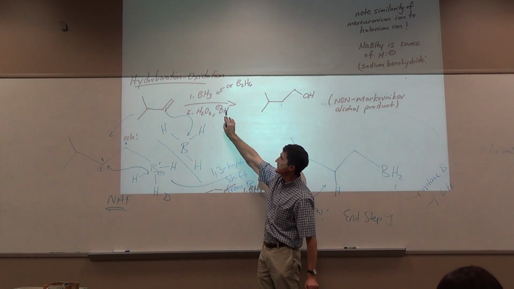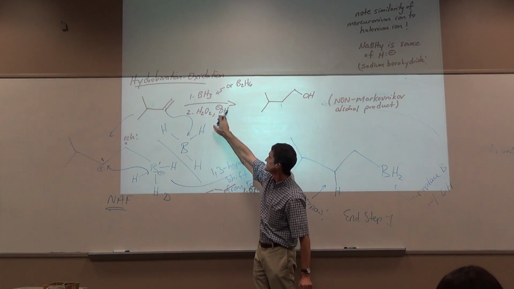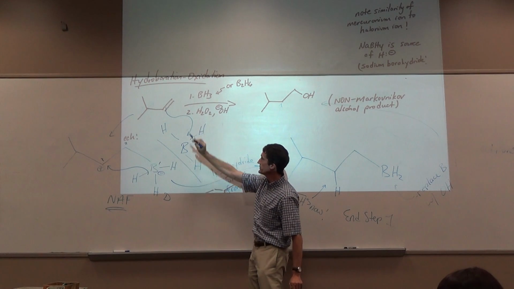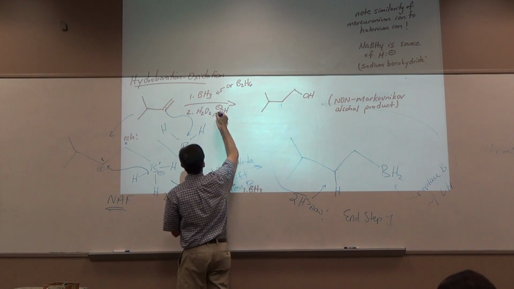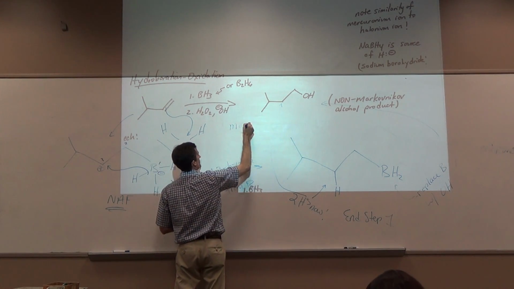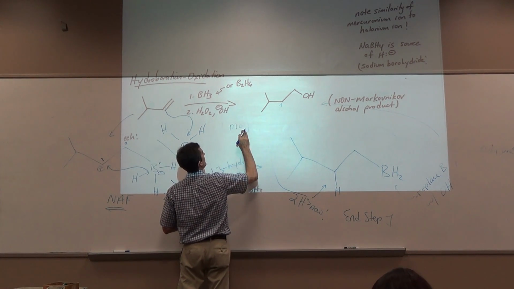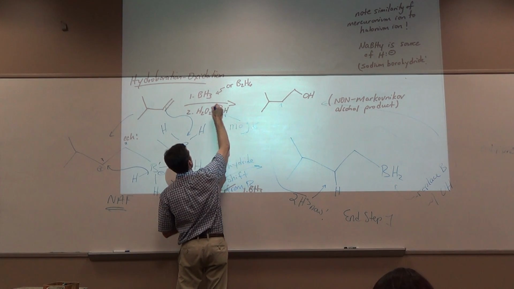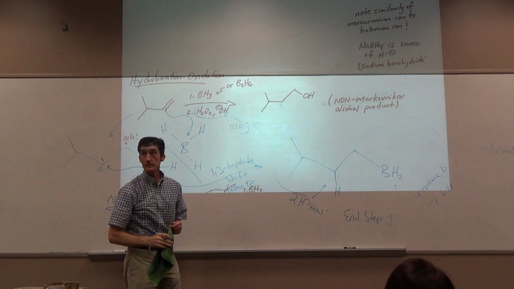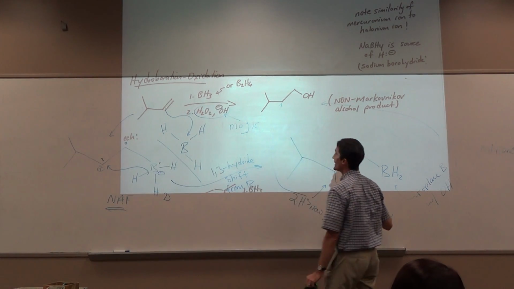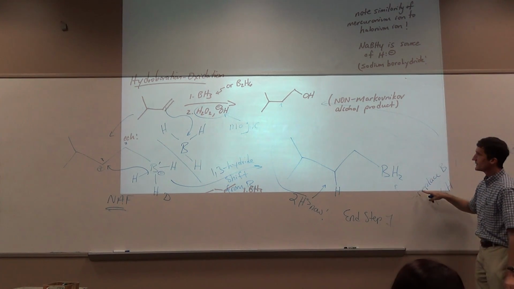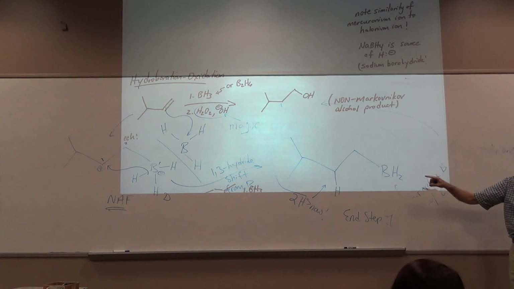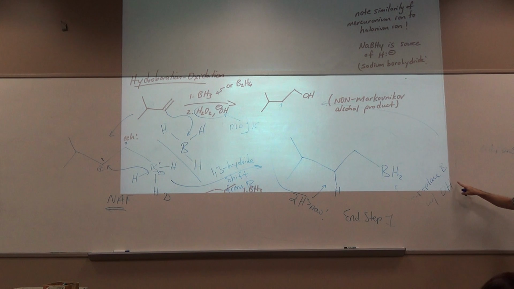Hydrogen peroxide under basic conditions. Okay, so we add hydrogen peroxide. We're not going to look at a mechanism for this. I'm truly going to call this magic. But what does it do?